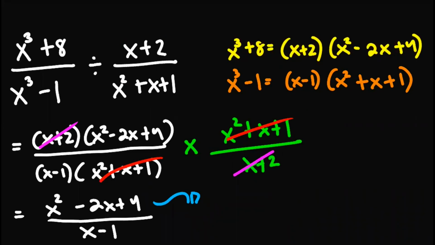You may be able to factor it, but it will now involve complex numbers, which we don't really focus much on. And even if you can factor it in complex numbers, you can't really cancel out a complex number with this one. So that is the final answer for this one.